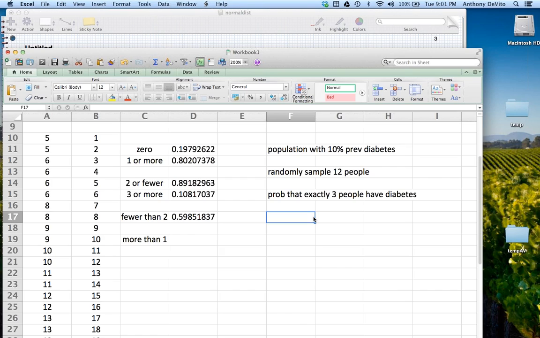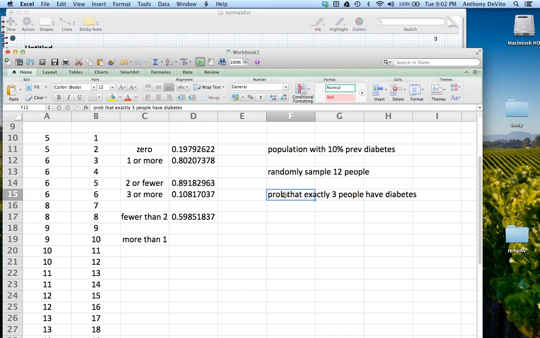Well, if I told you that I sampled 3 people and all 3 of them had diabetes, that probability is kind of like a coin flip. The chance of getting 3 heads is 0.5 times 0.5 times 0.5. The probability of sampling 3 people in a row that have diabetes is 0.1 times 0.1 times 0.1. However, that's not what we're asking here.